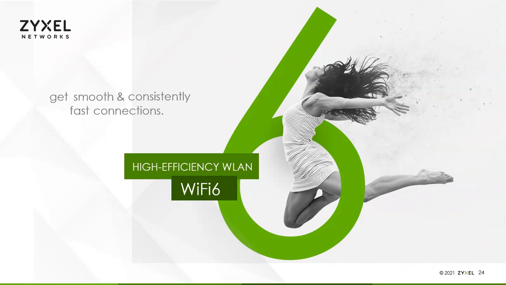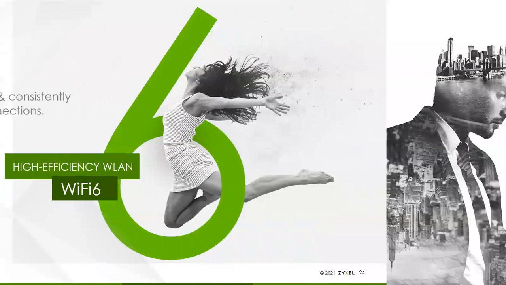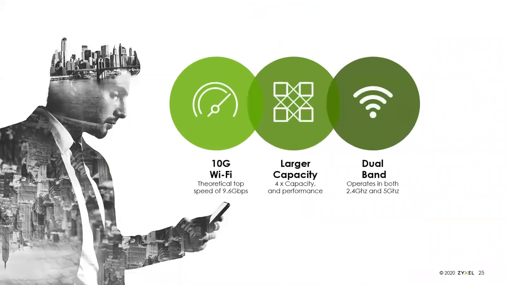So Wi-Fi 6 is a new standard for Wi-Fi that was specifically designed to combat some of the big issues that have been facing Wi-Fi since the early days in the late 90s when it was originally ratified and rolled out. So in theory, Wi-Fi 6 devices can be made that support speeds all the way up to 10 gigs.